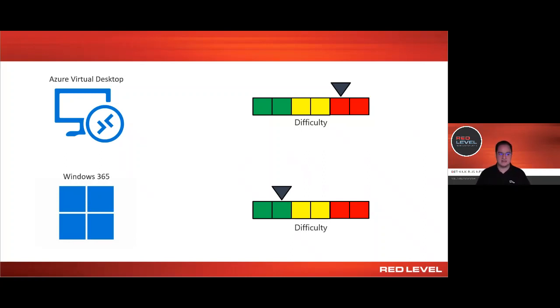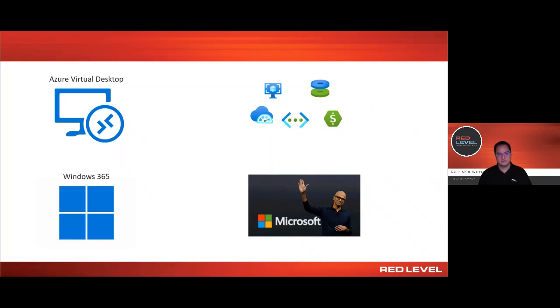So you're still doing a lot of the Azure management, and a lot of image management. With Windows 365, especially the business tier, Microsoft is just managing all that. So the difficulty is quite a bit less with Windows 365.